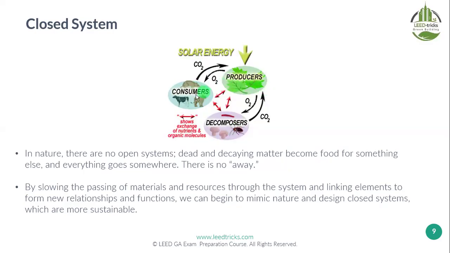Plants are food for animals. Animals die and decompose through insects. Plants can also take nutrition from these animals and insects after decomposing. So it all works together. I don't see any waste going out here. Do you see any waste in the water cycle? That's why this is a closed system.